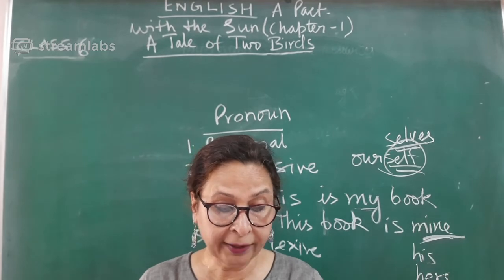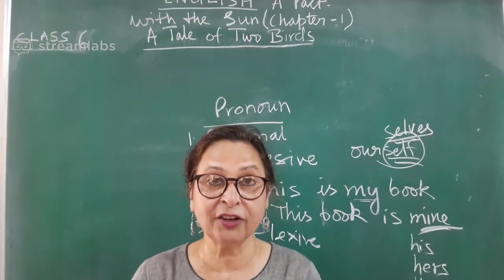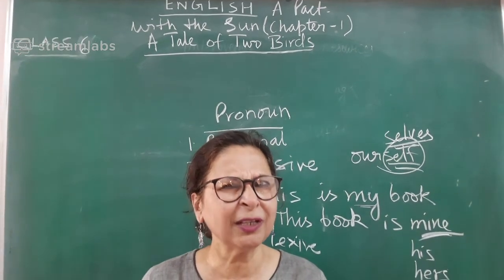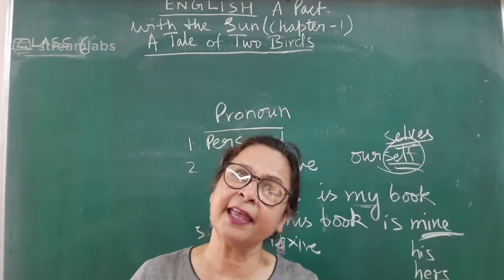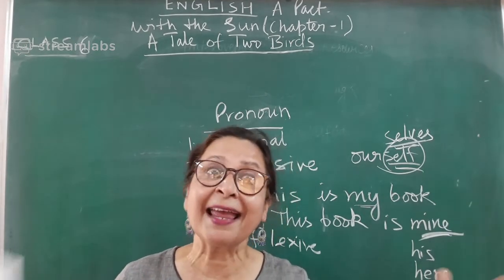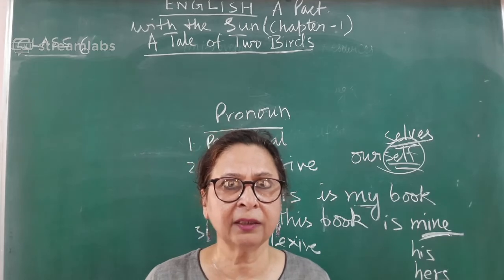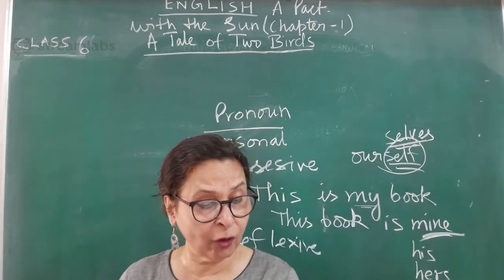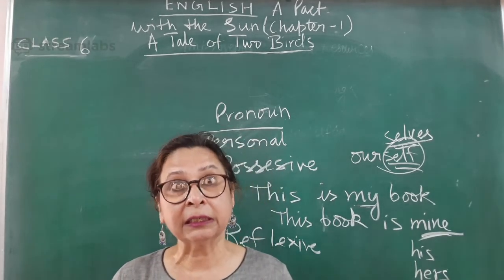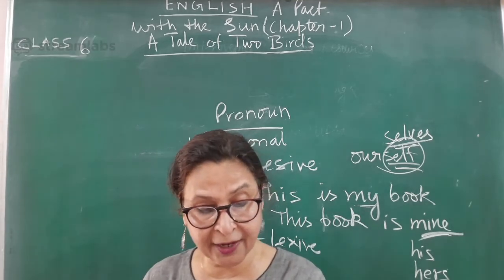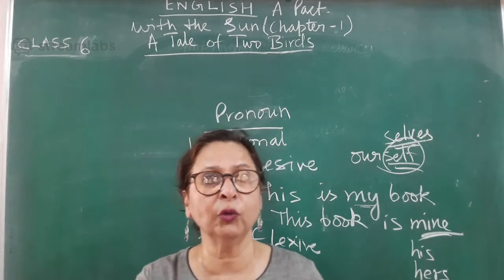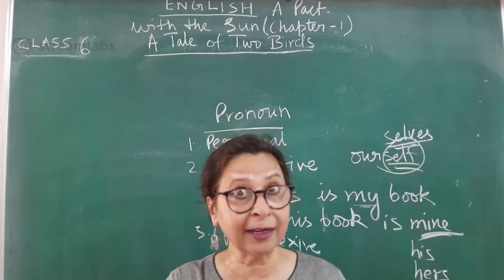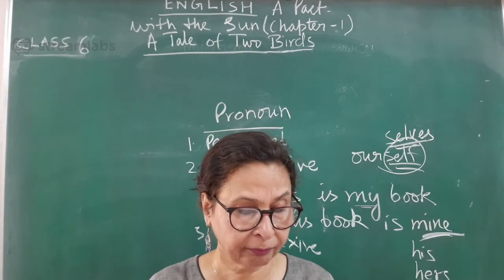Third, what did the first bird say to the stranger? If you are writing, what did he say to the stranger, then you can use the direct words of the bird.